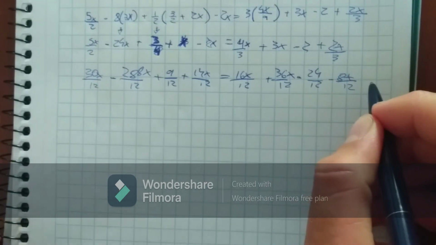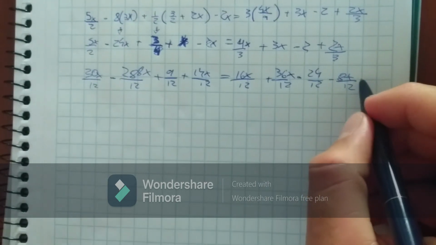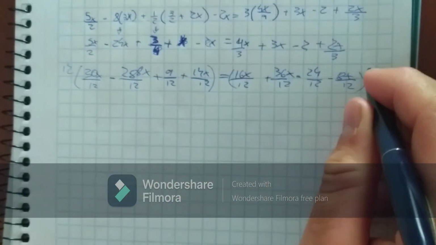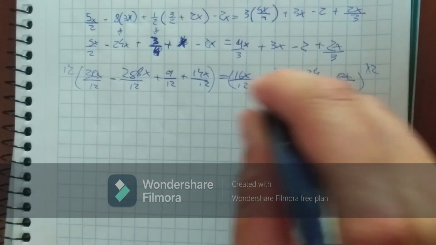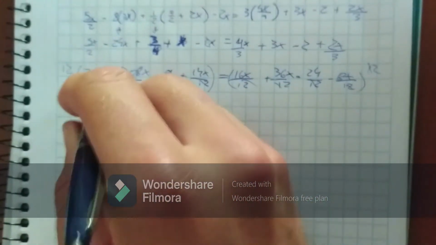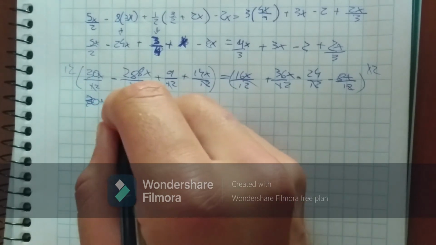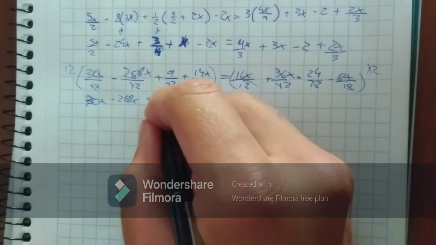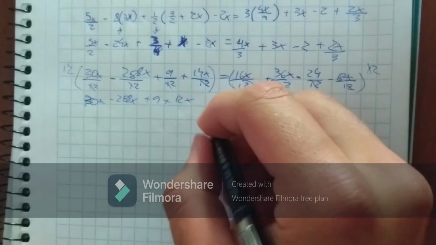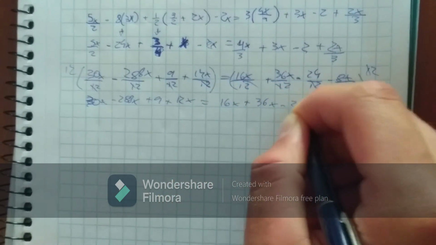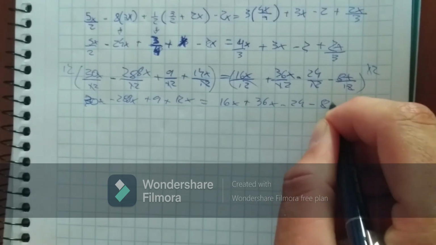And then to keep this balanced, I'm going to multiply both sides by 12. Then I can cross these all out. So now I have 30x minus 288x plus 9 plus 12x equals 16x plus 36x minus 24 minus 8x.